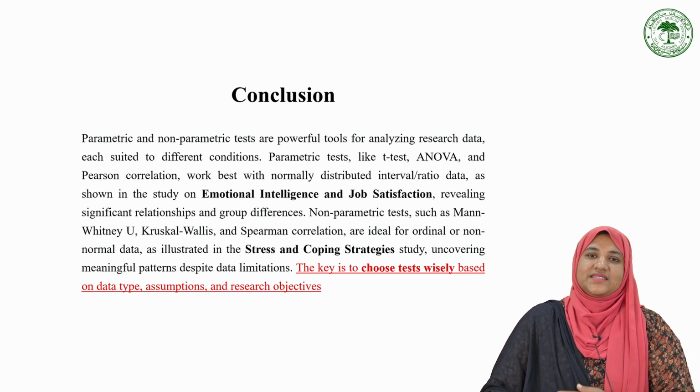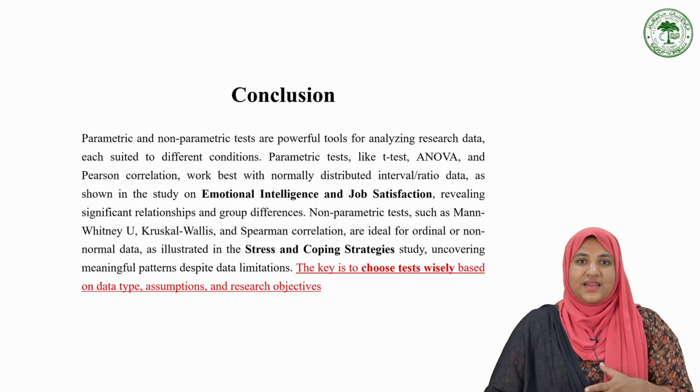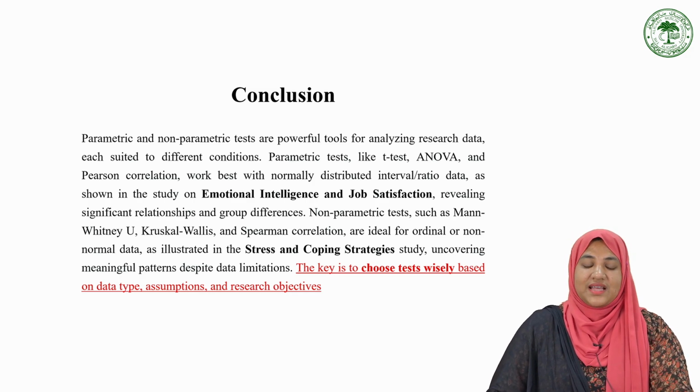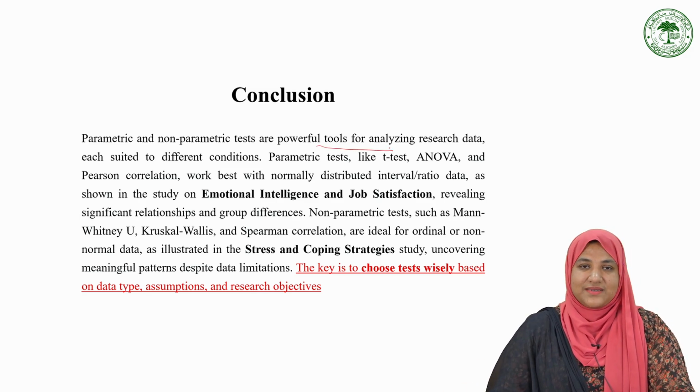The main thing is that the assumptions should be met whether you want to use the parametric test or the non-parametric test, and you should choose wisely which kind of test to use for which kind of data, where to use and what to use and how to use, that should be kept clear. So in conclusion, I would like to say that parametric and non-parametric tests both are powerful tools for analyzing research data.